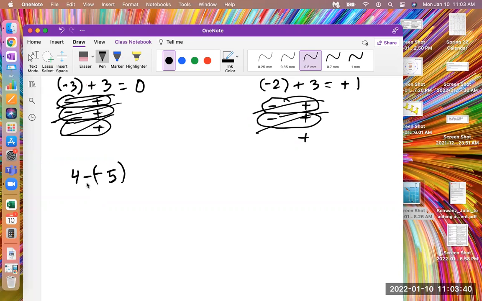The second opposite says turn back around and go back up. So it makes sense that if I do the opposite of the opposite, I'm back to positive. That's why this becomes just 4 + 5. When we have a traffic jam of negatives like this, it becomes 4 + 5.